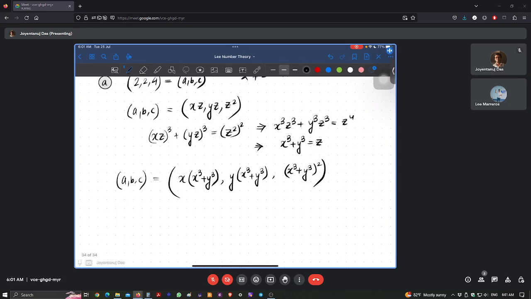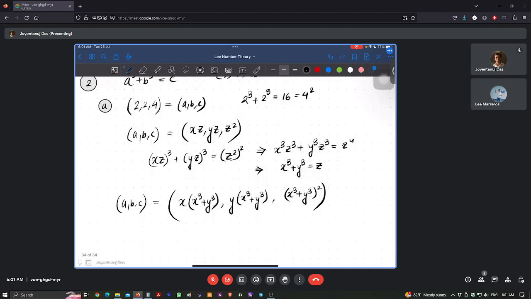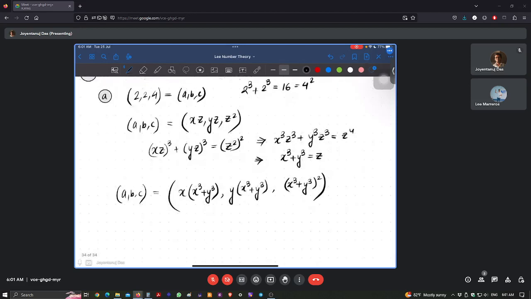For example, they have taken 2, 2, 4, that is fine. What should I take next? If x equals 1 and y equals 1, then we have the 2, 2, 4.